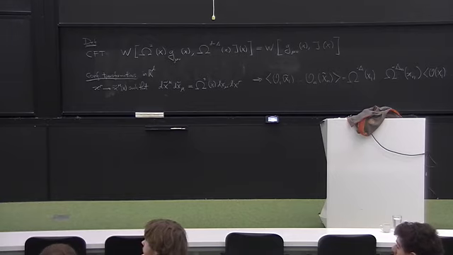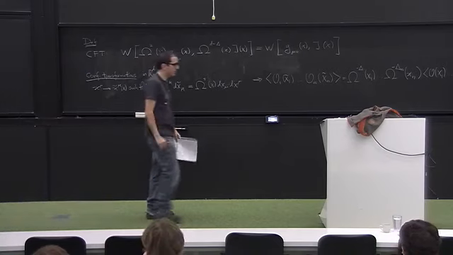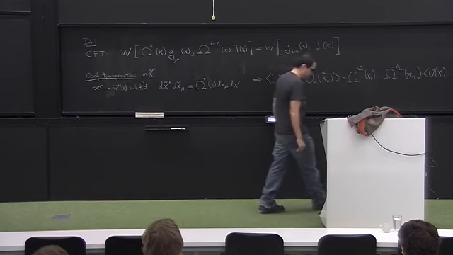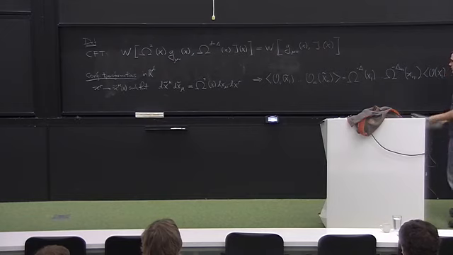Yes? Do you use the conformal transformations as moving your points around in your space-time and changing your length elements, or do you view it as changing the metric? It's equivalent.